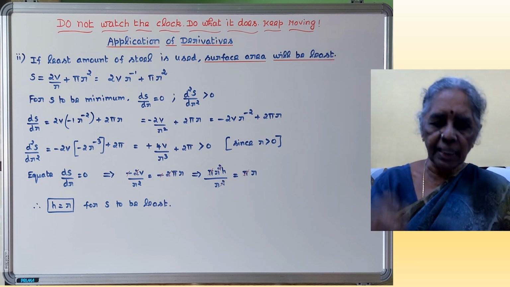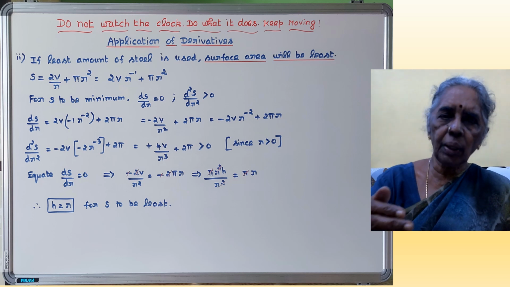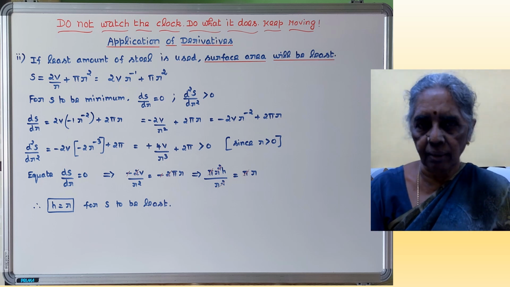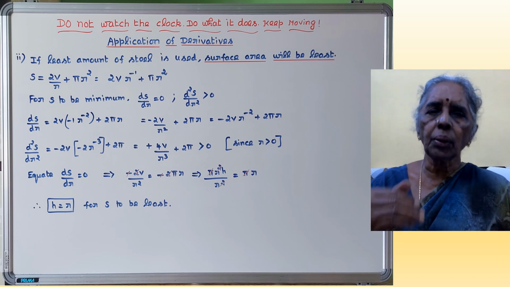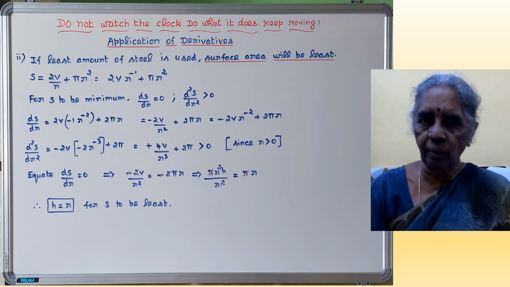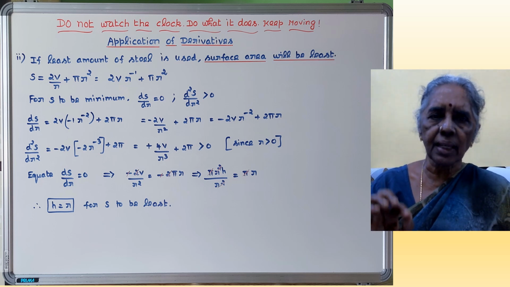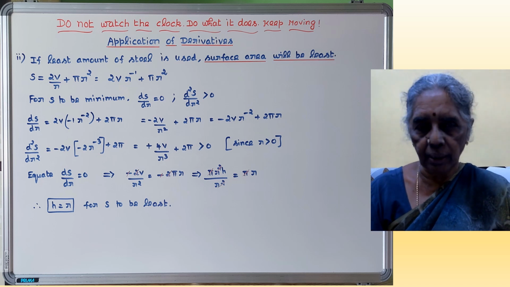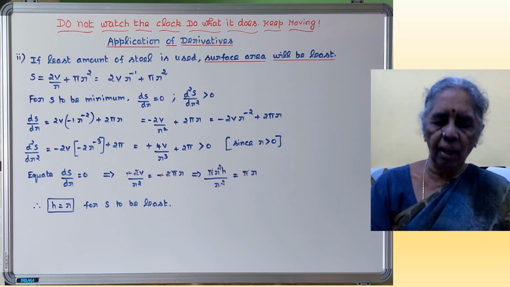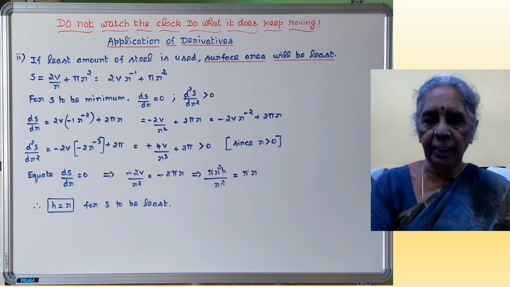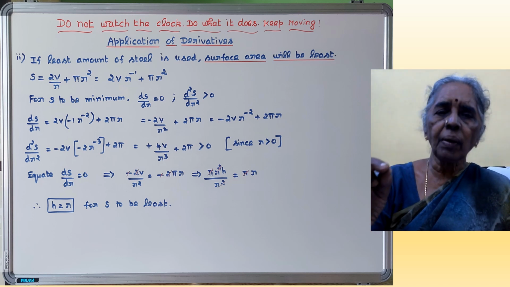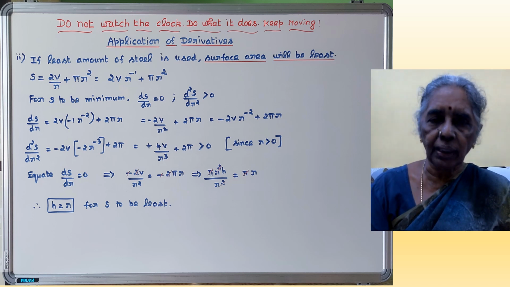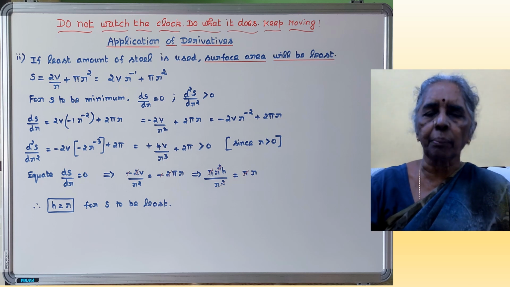Already you have derived S is equal to 2V by r plus pi r squared. Let us take the r to the numerator so that differentiation will be easy. So S is equal to 2V into r power minus 1 plus pi r squared. So dS by dr will be 2V, constant, take it out. r power minus 1, when you differentiate, you will get minus 1 r power minus 2.